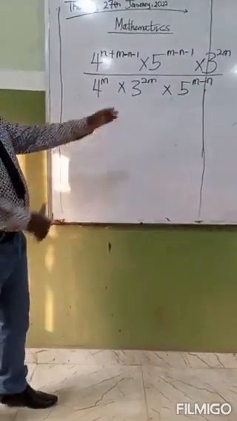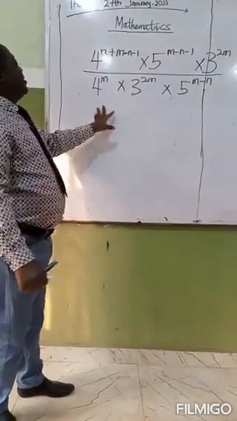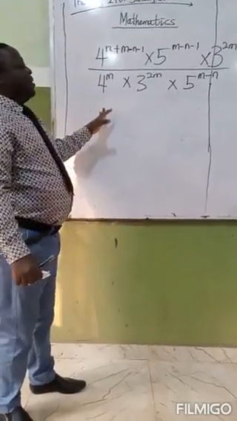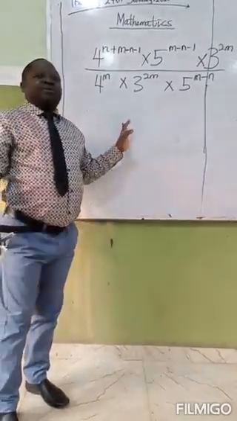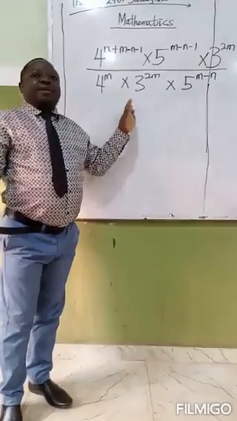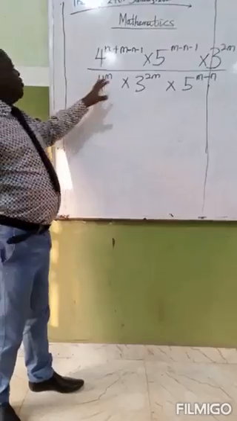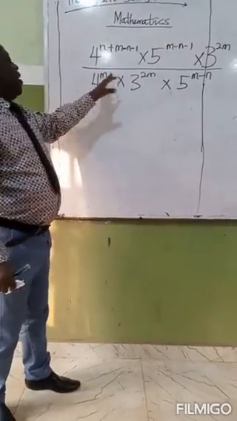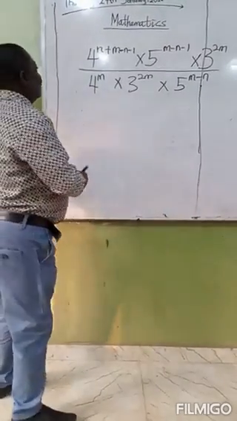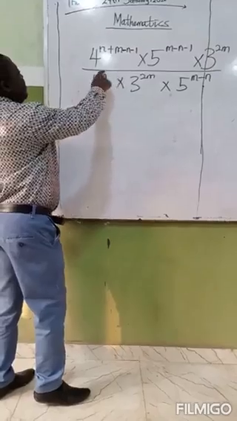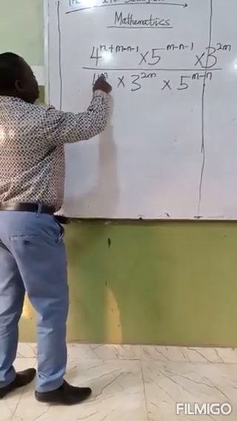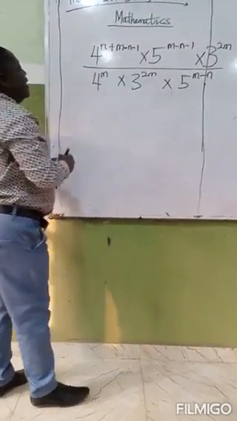So now, since we have common bases up and down here, we are going to apply the law of indices. When we are dividing two common bases with different powers, we are going to subtract the powers from each other. So we are subtracting m from n plus m minus 1.